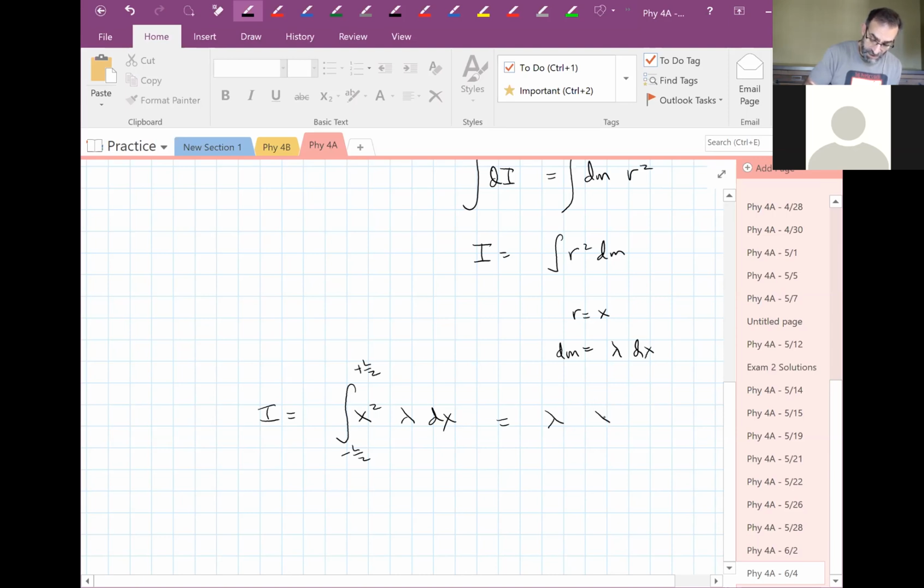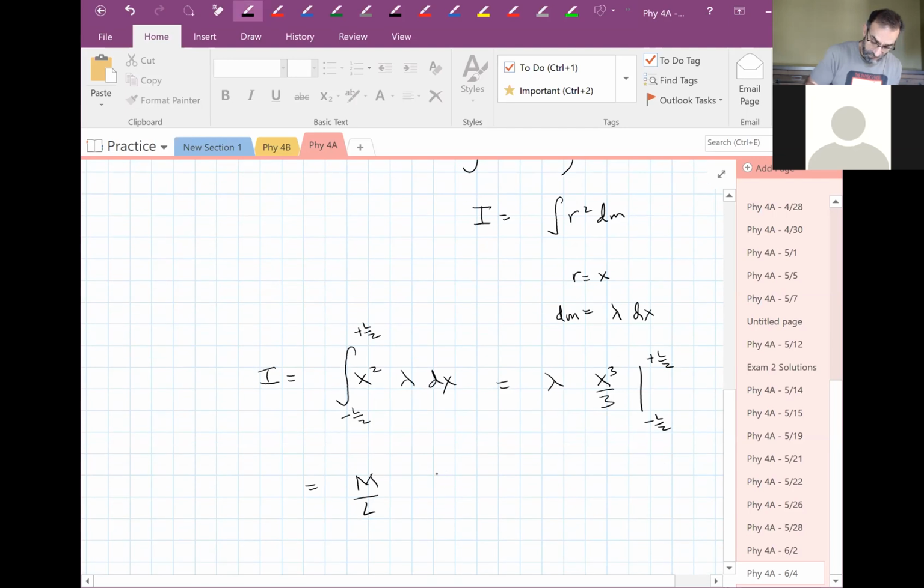Integral of x squared is x cubed over 3. We're evaluating minus L over 2 to plus L over 2. Lambda is m over L if it's uniform density. Got a 1/3 somewhere here, right?